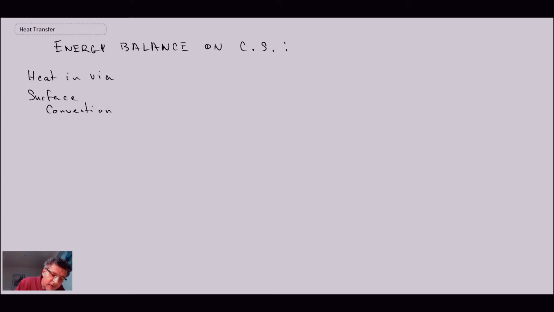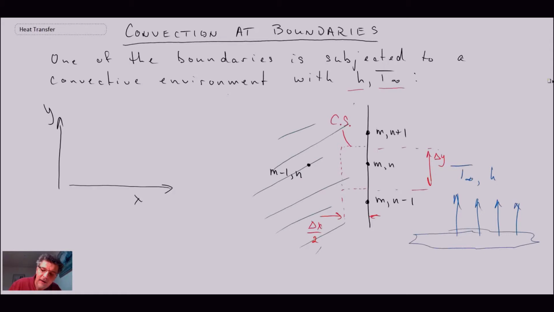And you'll notice when I'm writing out this equation, I'm always treating heat flowing into the control volume as being positive. And so we start off with heat in via surface convection plus heat in via conduction. And looking back at our schematic, we can have conduction coming in. Let me use red.